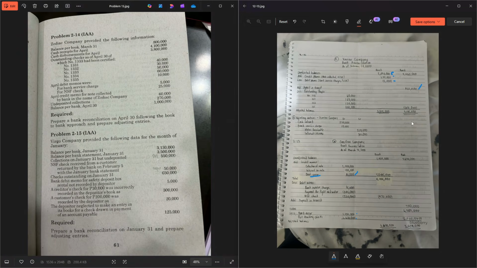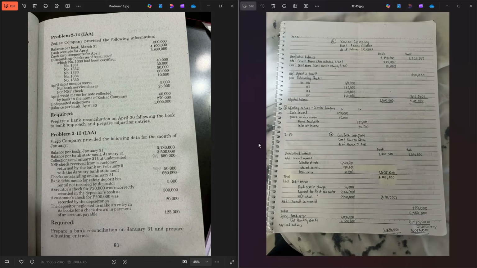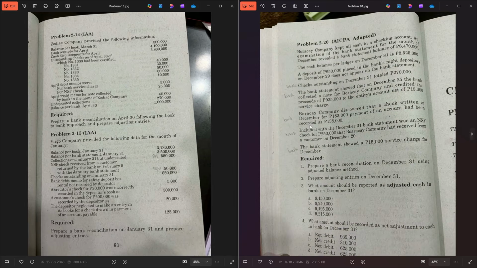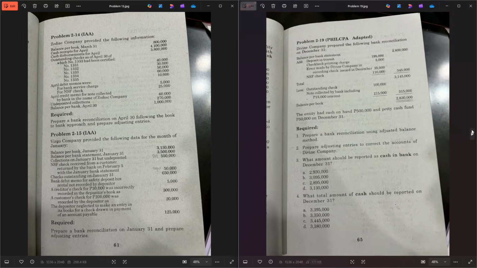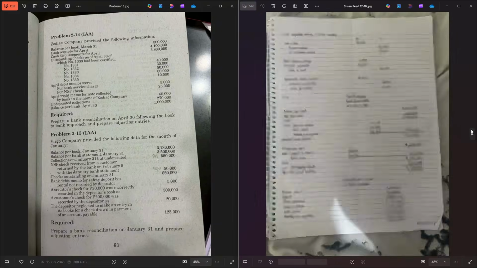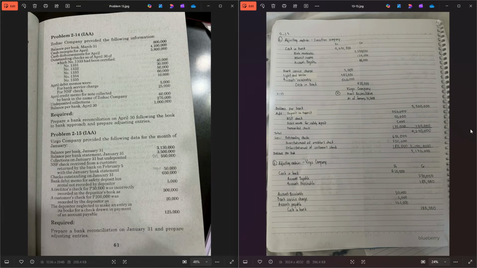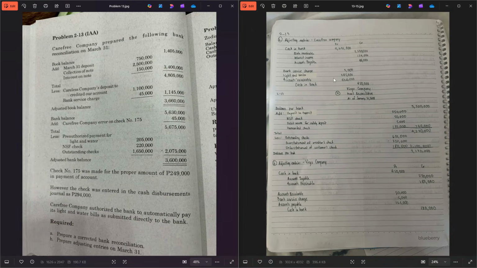Then for the adjusting entries for Carefree Company: cash in bank, notes receivable, interest income, accounts payable. So why is there an accounts payable of 45,000?